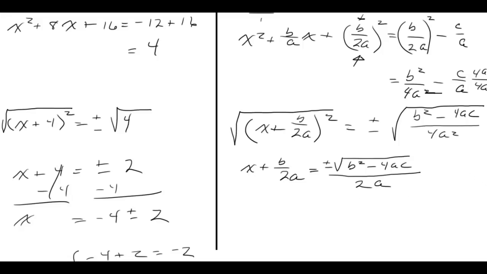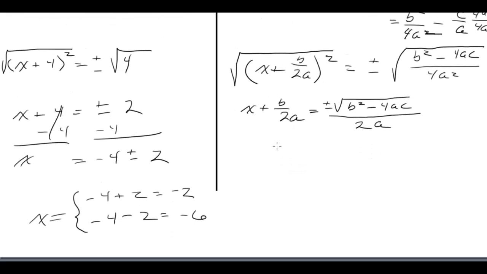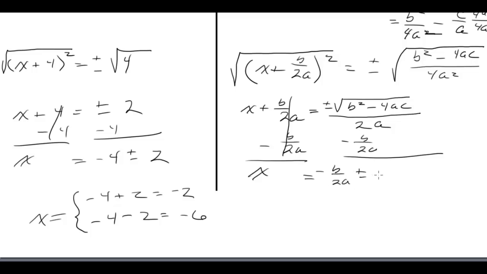All right, now, to solve this puppy, I subtract b over 2a from both sides. And now what do I have? I have x. These are opposite terms, so they're going to cancel because they add up to 0. And this equals minus b over 2a plus or minus the square root of b squared minus 4ac over 2a.